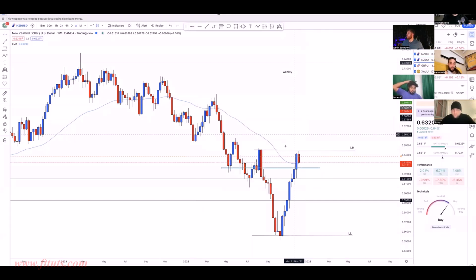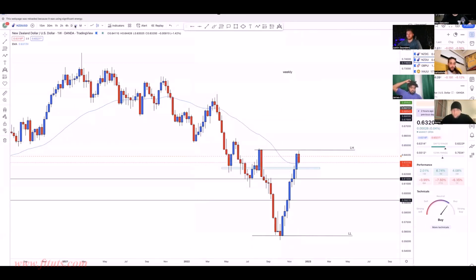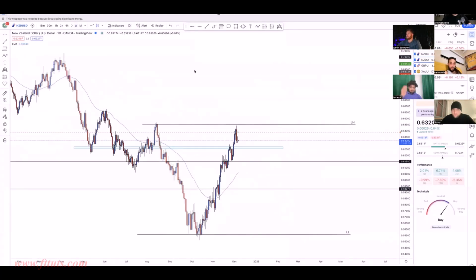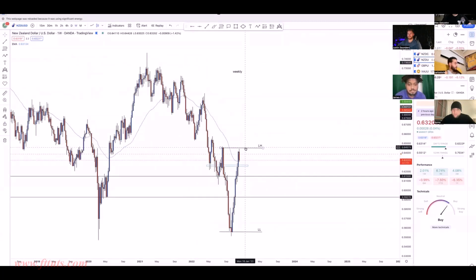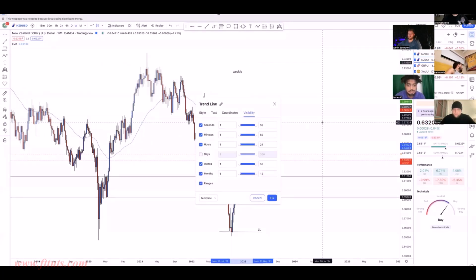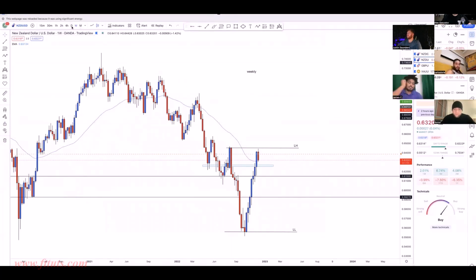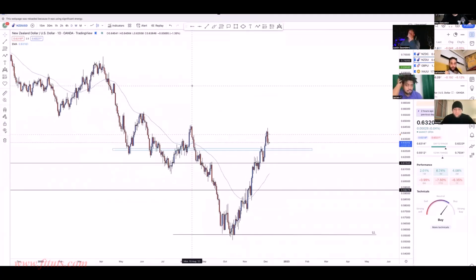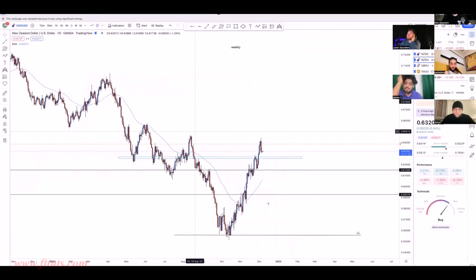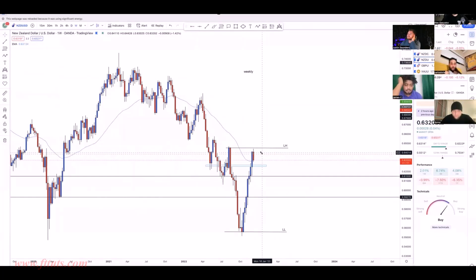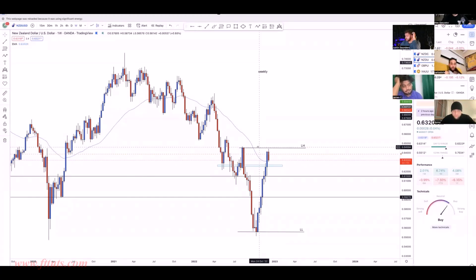Because if I do this and I go down to the daily, now I'm just tripping out because I think this is the lower high and lower low. I'm like, there's something wrong. So I will get this line, make it visible only on the weekly. And when we go down to the daily, see how we can't even identify it. It's not there anymore. Obviously, I didn't do it to this one, but for just that example, we come back out to the weekly, we understand where the lower high is.